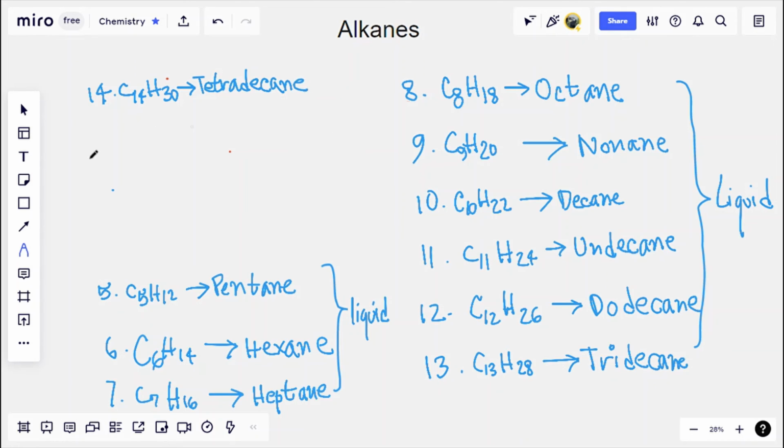The 15th one is C15H32, known as pentadecane.